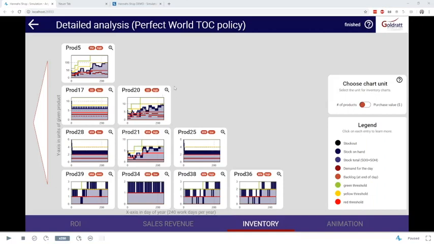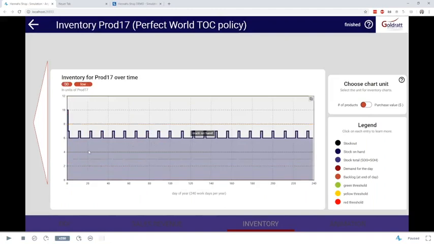Thanks for that, Alan. In the meantime, the simulation has finished and we can now observe our TOC perfect world scenario. And you can see it looks quite different. Let's again look at product 17 as a starter, which is a low risk product. It looks peculiar compared to the previous policies.